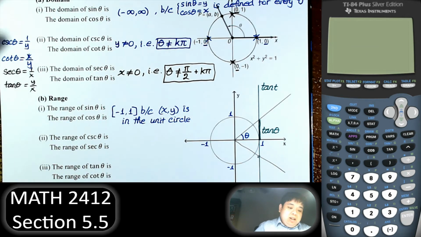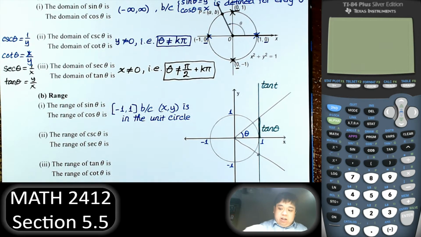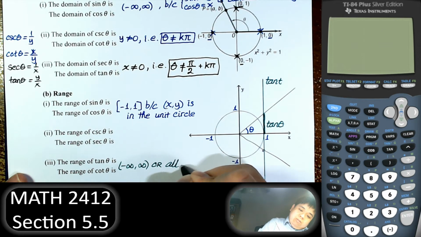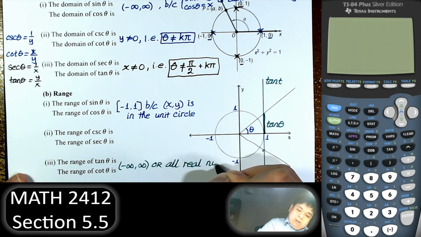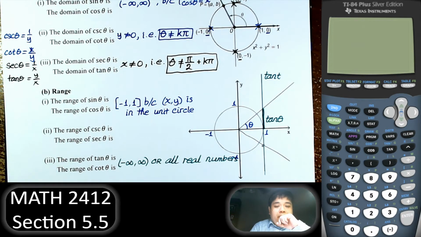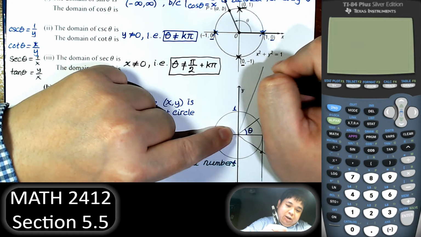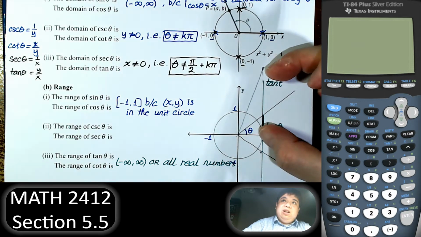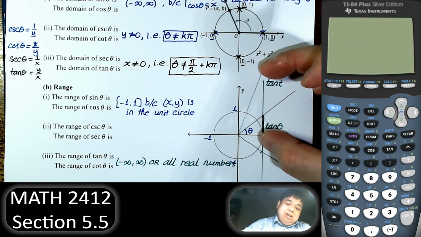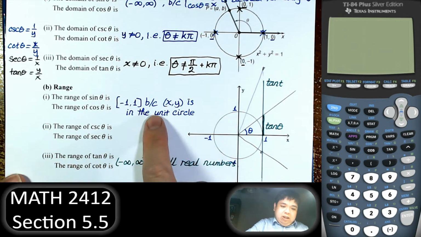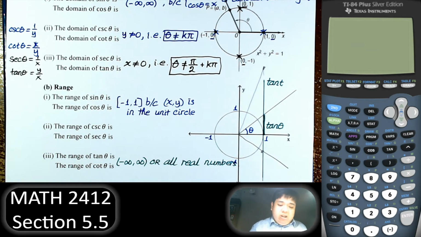Because of that, the domain of tangent and cotangent is all real numbers, because if we have that angle, then we have the tangent value to be this much. Whatever it is, it intercepts the tangent line. Therefore, we define tangent. And cotangent, we define to be the horizontal tangent line.